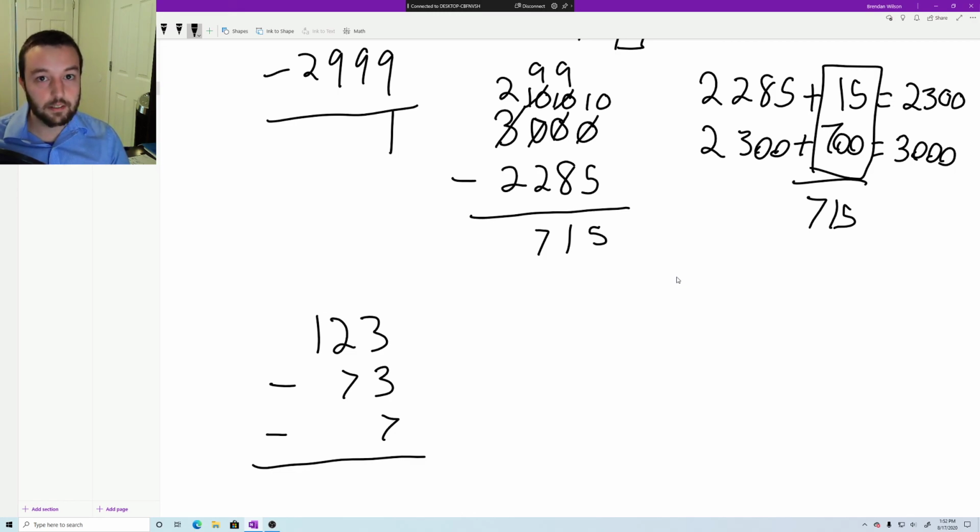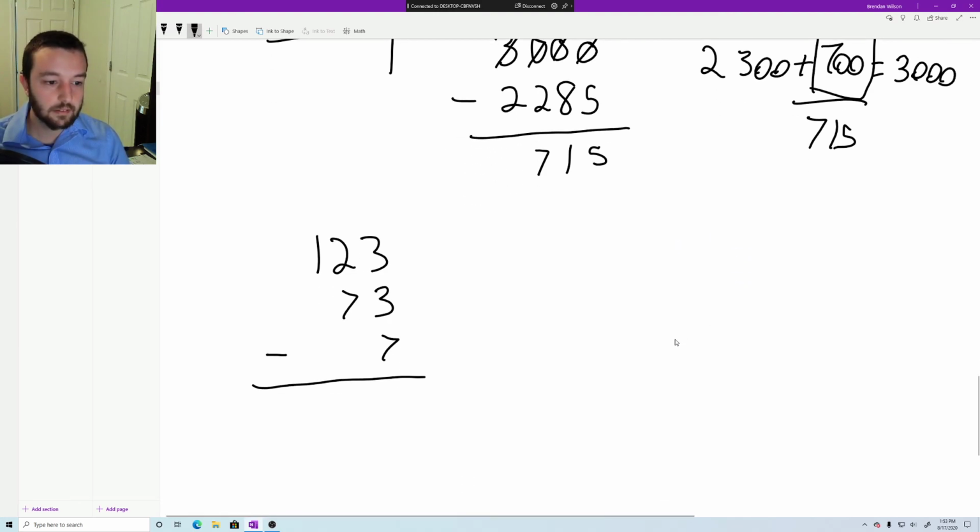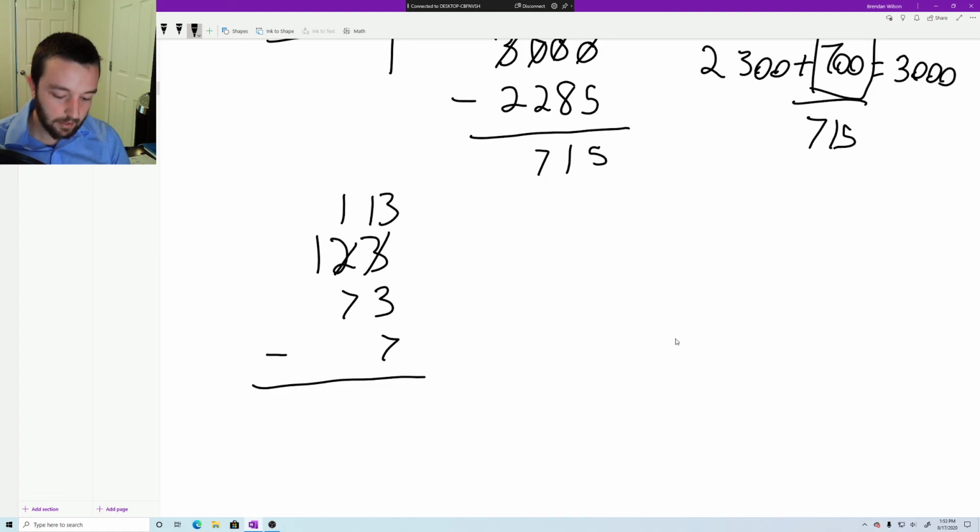You could maybe technically do it this way, but I don't know how well it would work out, if I'm being completely honest. Let's go ahead and try it just to see what happens. We're going to do 3 minus 3 is 0, and then we're not going to have any left over for the 7. So we should probably go ahead and borrow first. Okay.